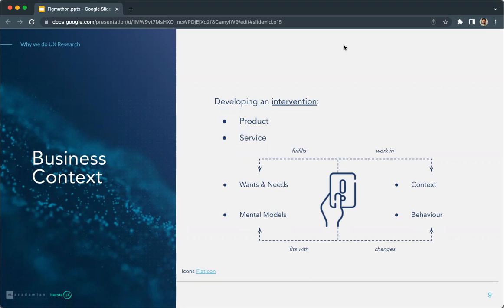These interventions could be products that the users are using, both physical and digital, as well as services, again both physical and digital. Because these interventions have to fulfill a purpose, basically a user need, and have to work in the world that the user operates in, UX research focuses on understanding the user's characteristics and their environments. But what's the purpose of generating this in-depth understanding of users?